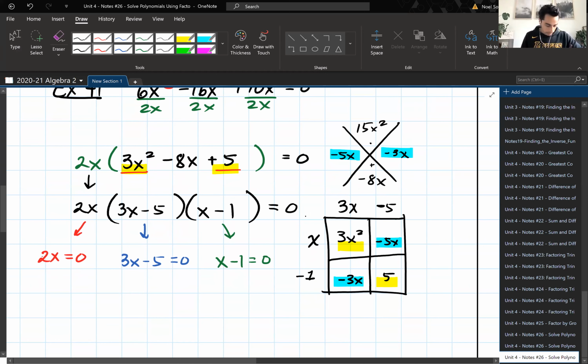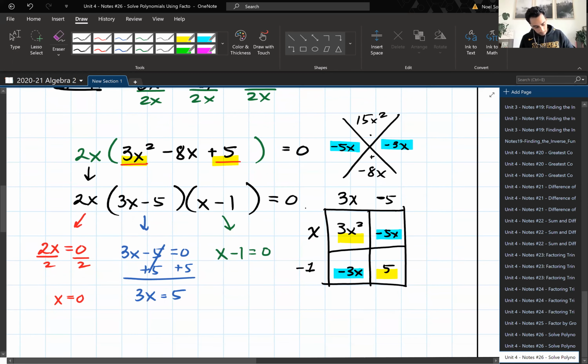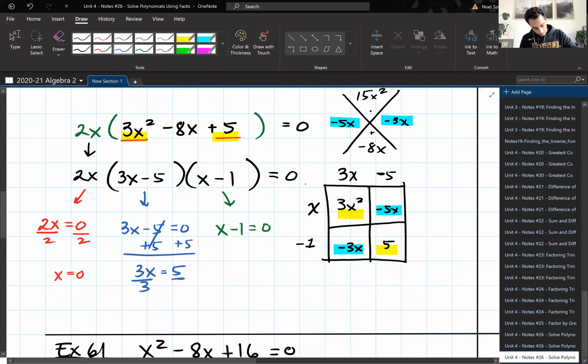So let's go ahead here. To solve 2x equals 0, you need to divide by 2. So 0 divided by 2 is still 0. Next one, we would add 5 to both sides. 3x equal to 5. Divide both sides by 3. So x equals 5 over 3.